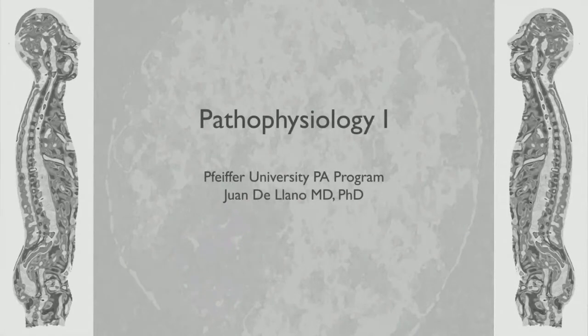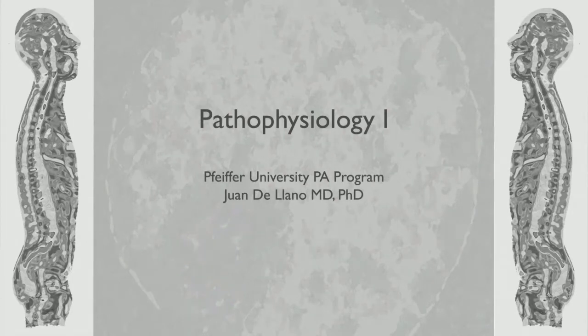So this is pathophysiology, and pathophysiology is a very young science. It's a science that started in the 1870s, 1880s, when it started being independent of pathology. Pathology could be the mother science of pathophysiology.